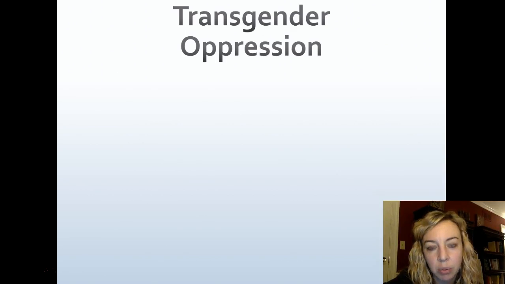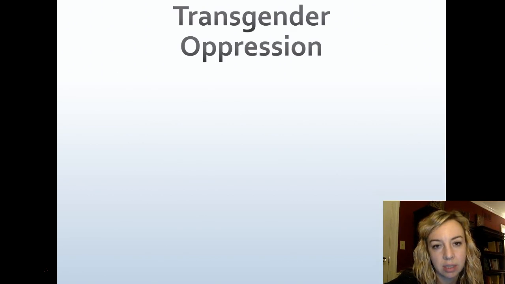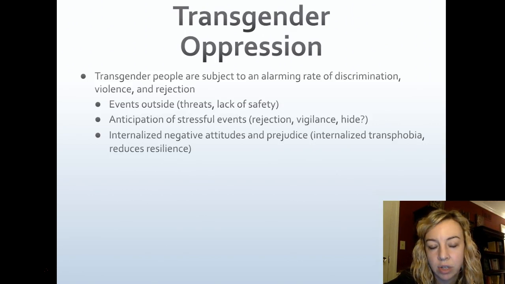Now, the reason it's so important for transgender folks to have access to services is that there's a lot of transgender oppression and psychological disturbance because of the dysphoria this creates, and also the societal privileges afforded to those who are cisgender, and then oppression and aggressions toward those who are transgender. So here are a few things to think about. Transgender people are subject to an alarming rate of discrimination, violence, and rejection.